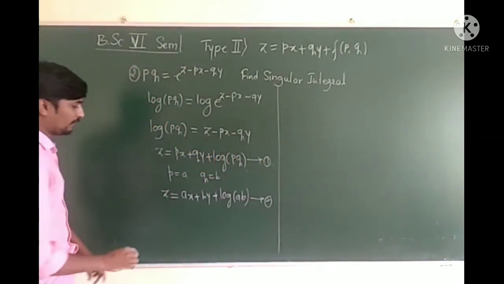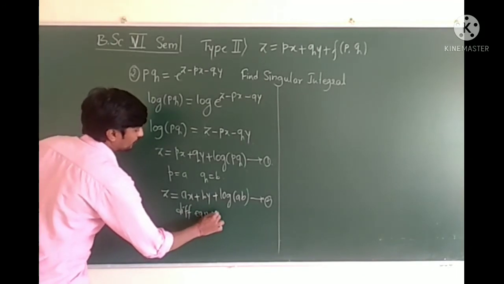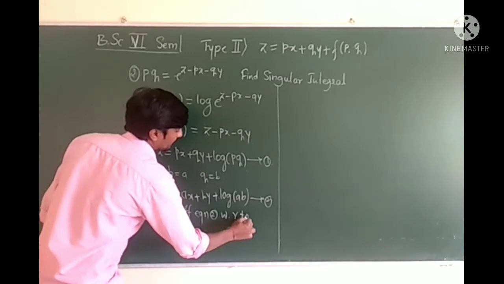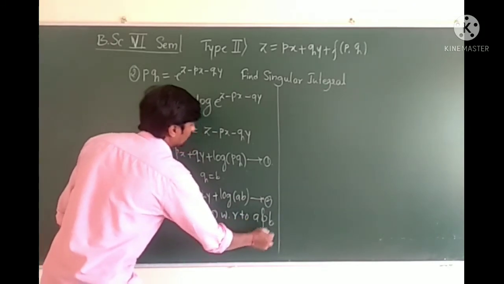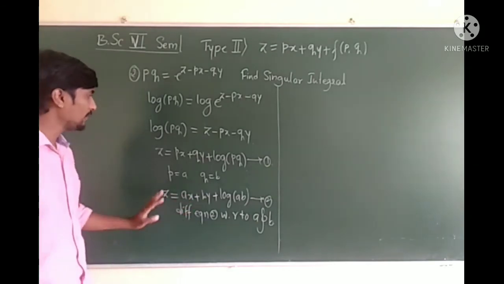For that, what we have to do? Differentiate equation 2 with respect to a and b, partially.